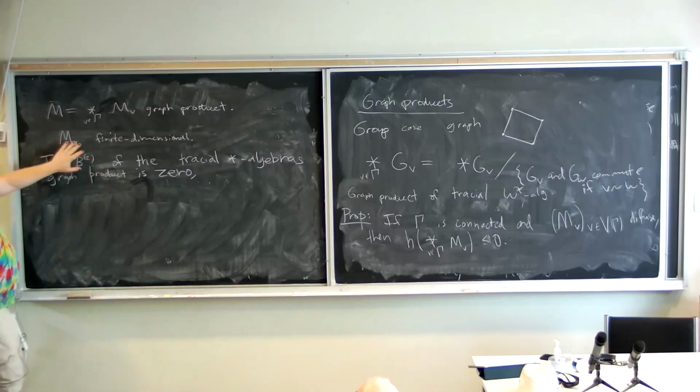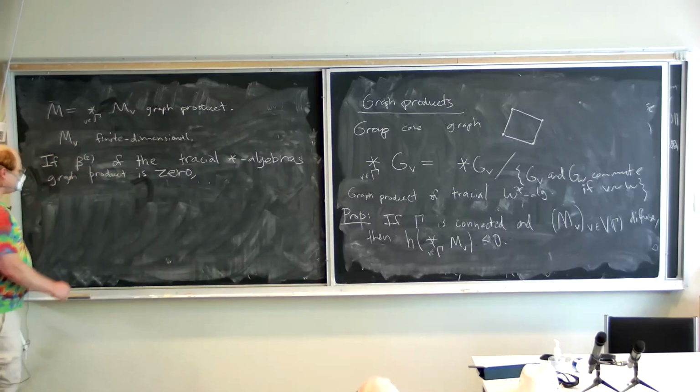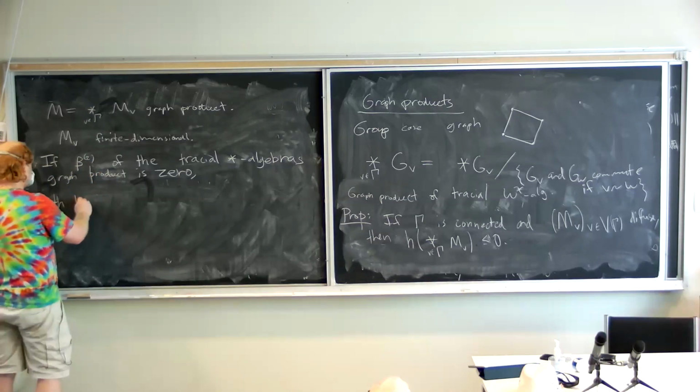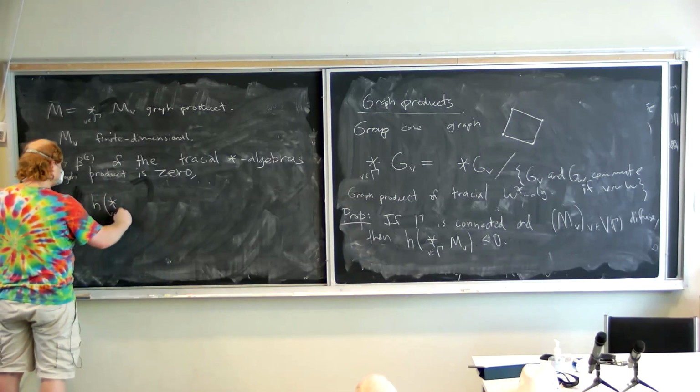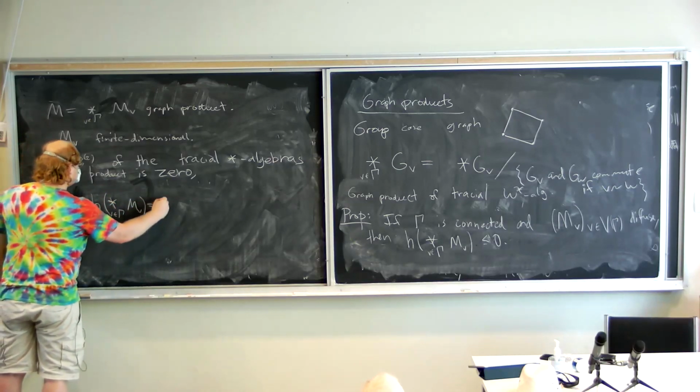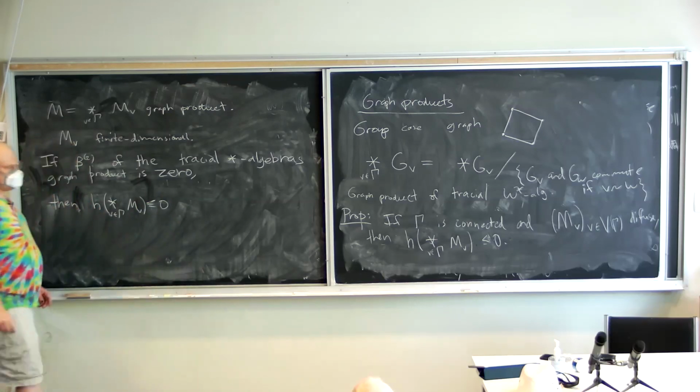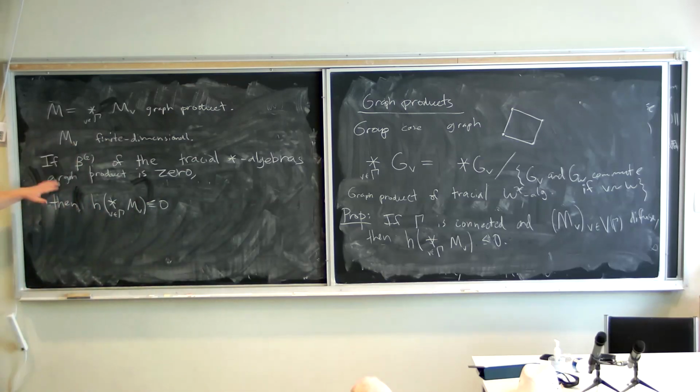Anyway, so if the Betti number is 0, then also in this case, the H is 0. So I'm not going to go into the proof of this because I want to get to some other stuff, but this is also a cool result.